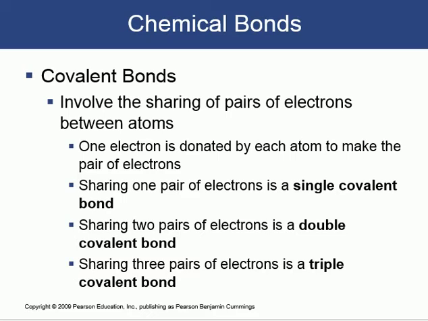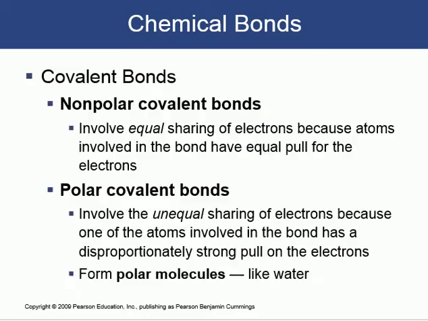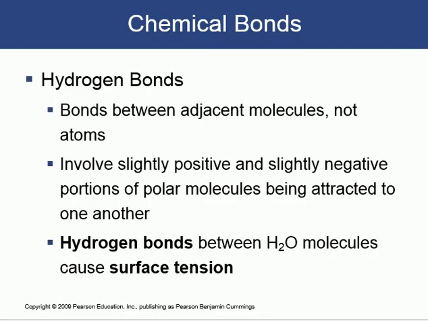Different types of covalent bond. Covalent bond is important too. Single, double, triple. What does it mean? Hydrogen bond is important, and how do we make it? It is related to the polar covalent.